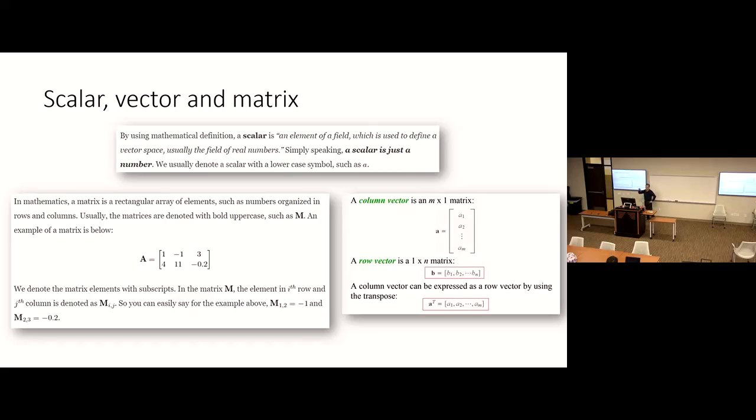A vector is a matrix where one of the dimensions is 1. If you have an m by 1 matrix, this is a vertical vector, small a, a column of numbers. If you have a row matrix, that will be a 1 by n matrix, so the first dimension is 1. This is just a row of data.